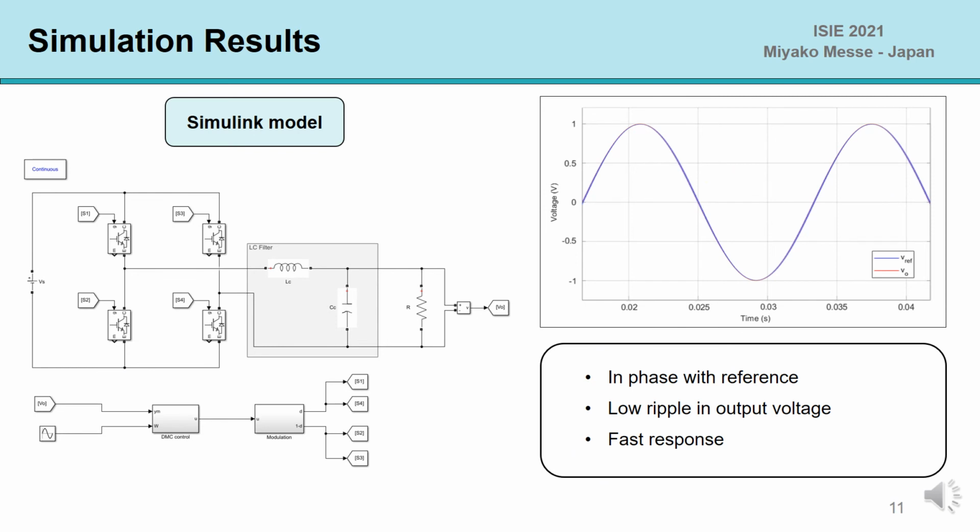The next step was to simulate the system using Simulink, programming the inverter with the previously sized LC filter and the signal modulator. The DMC control was integrated using a MATLAB function. The results obtained from both simulations show that the inverter output is in phase with the reference used, produces a very low level of ripple, and has a very fast reaction to disturbance.